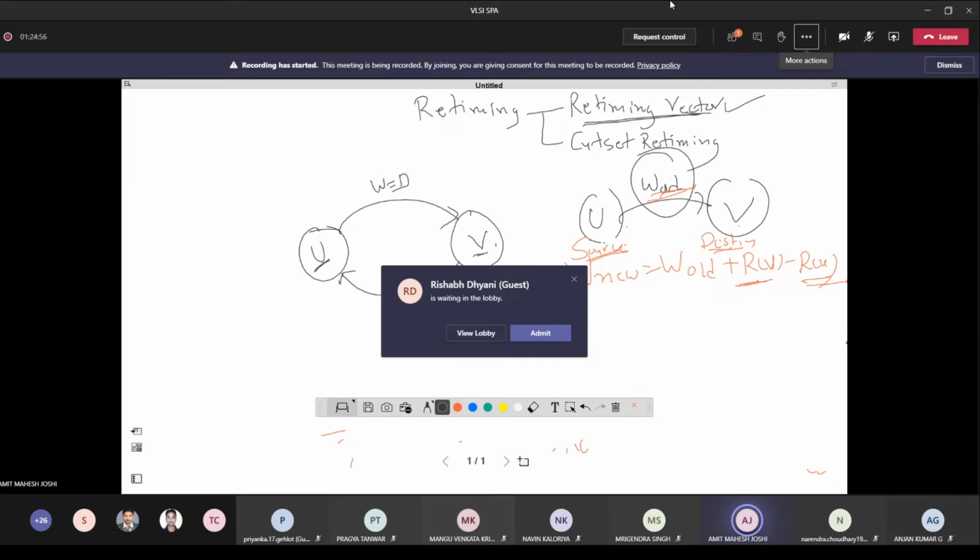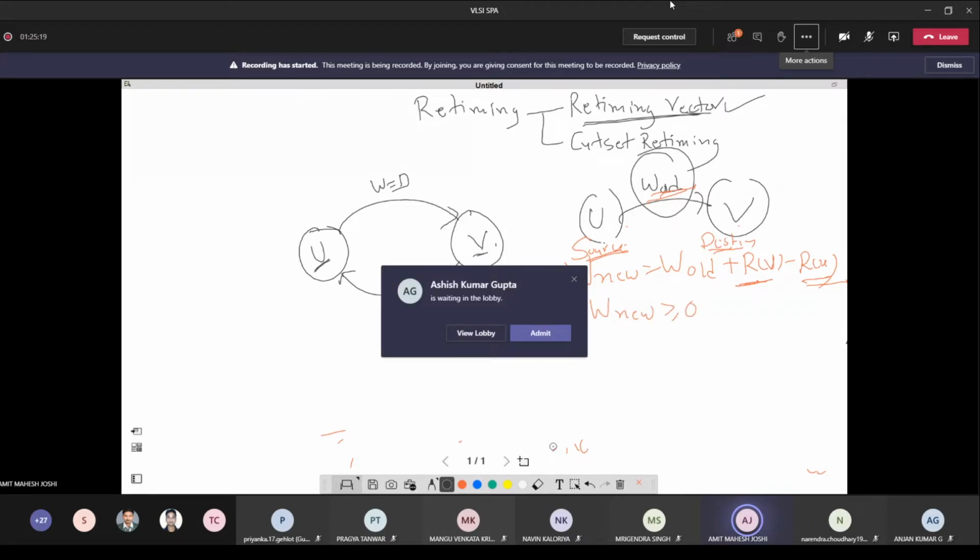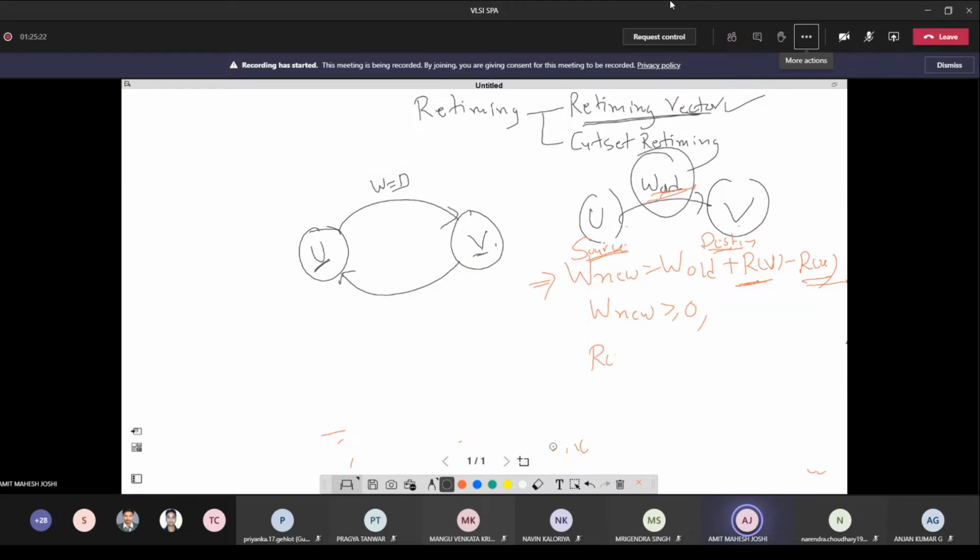So always try to understand that W new is equal to W old plus retime value of my destination node minus retime value of my source node. Okay. Now think about applying this concept over here, and at the same time RV and RU should be integers.